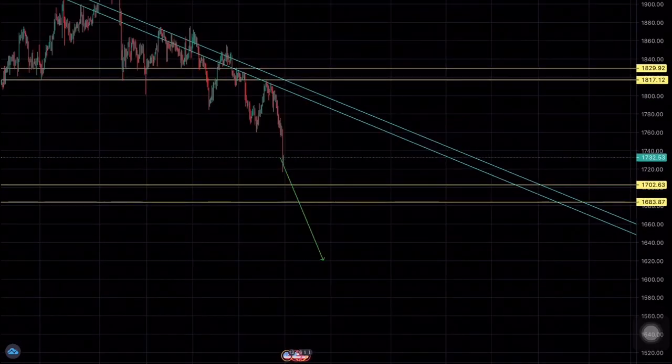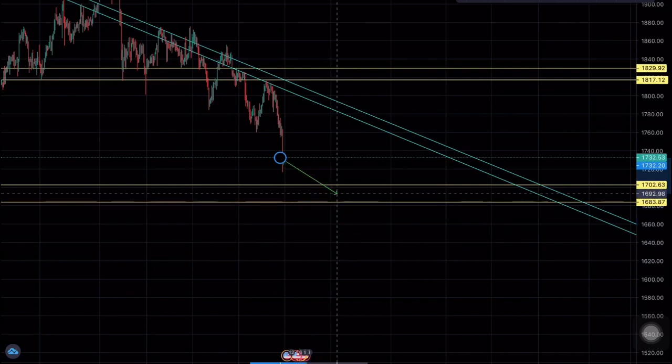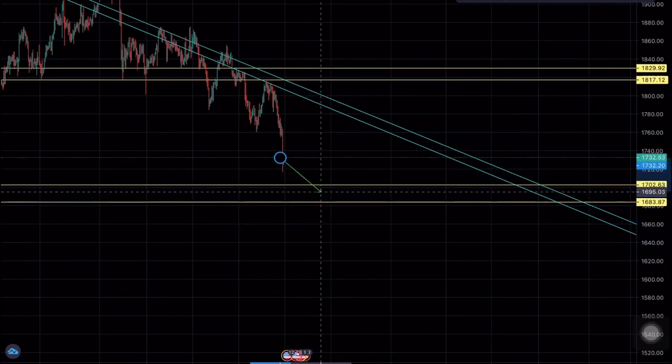Now coming to the bearish scenario: if we see that the market closes below this particular support zone in the range of 1702 till around 1683, or the market closes around 1669, this would trigger that the bullish momentum in the market is over, and in both the long and short term we would see the market show some bearish momentum.